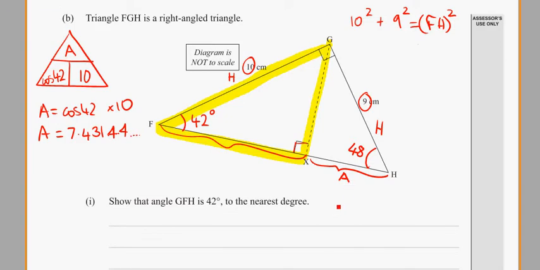So using this information here, the adjacent side we're looking for, the hypotenuse is 9, cos of 48. So we get A equals cos 48 times 9. Obviously you'd be writing this down below.